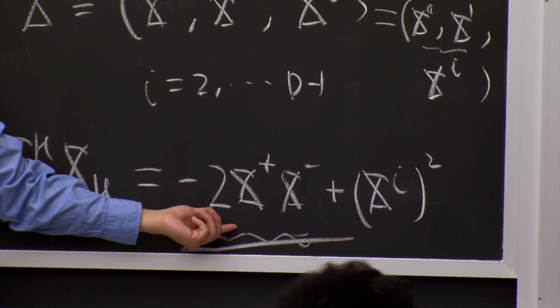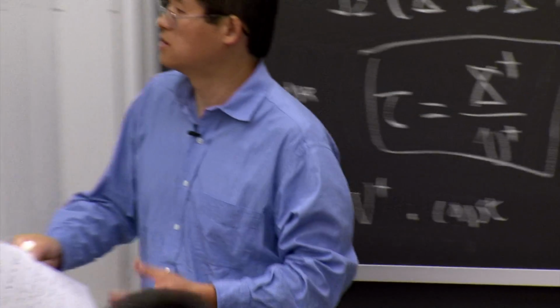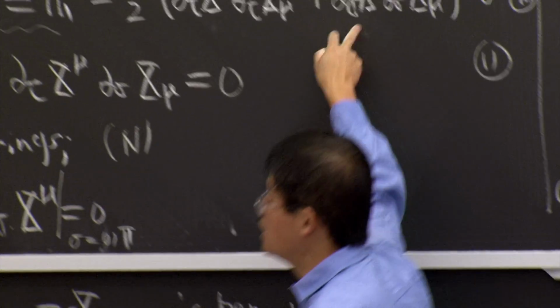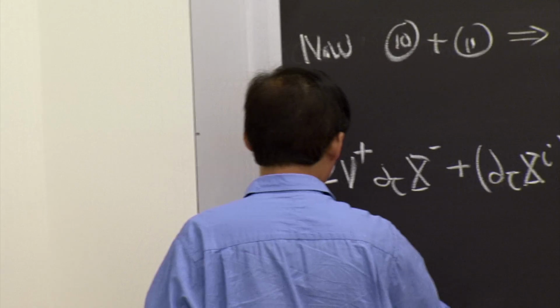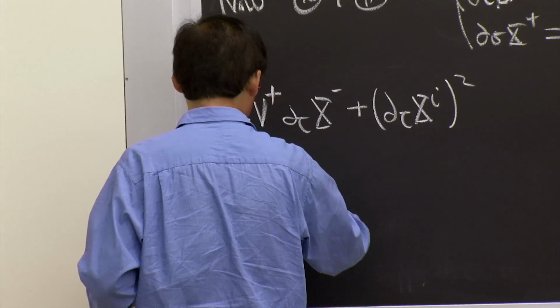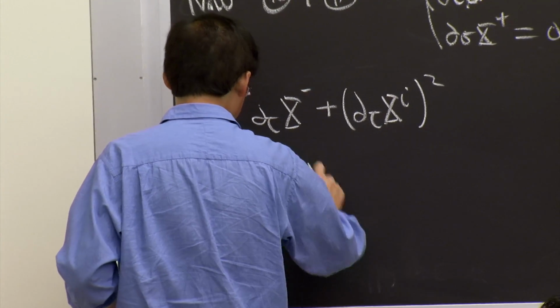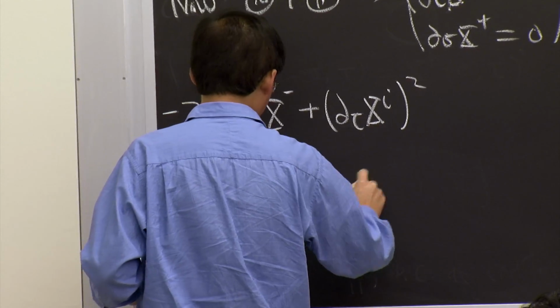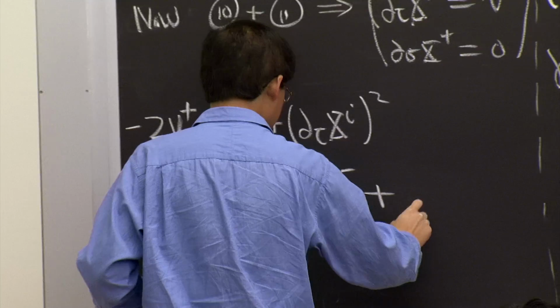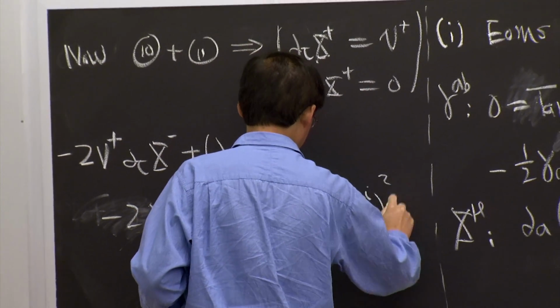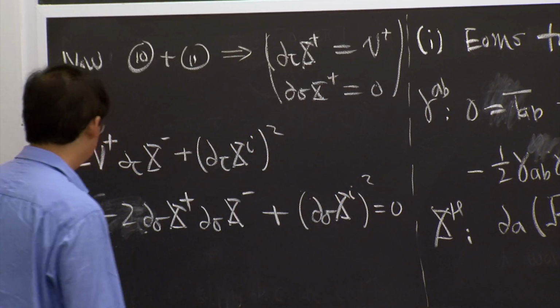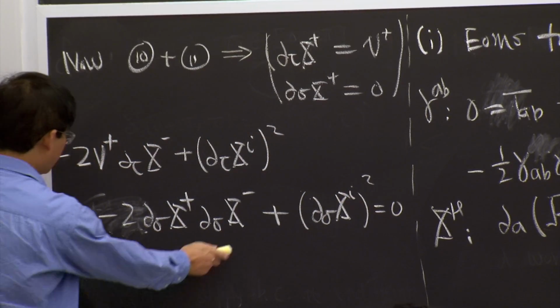Okay? Do you see it? So the first term here would be partial tau minus 2 partial sigma x plus partial sigma x minus plus partial sigma xi square. So this would be 0. But our friend here is 0.